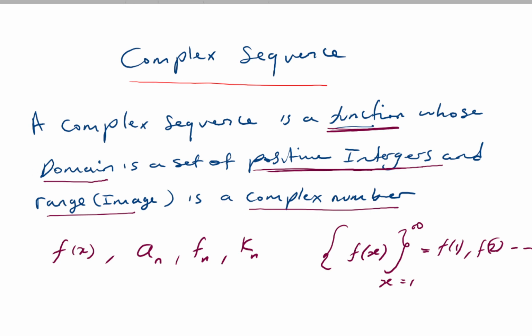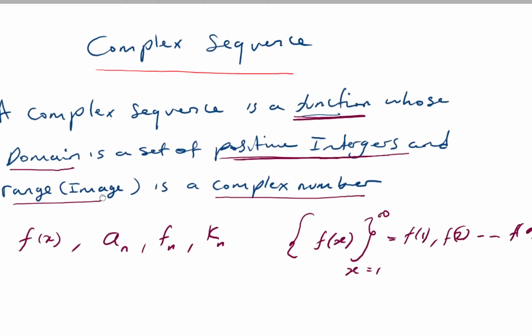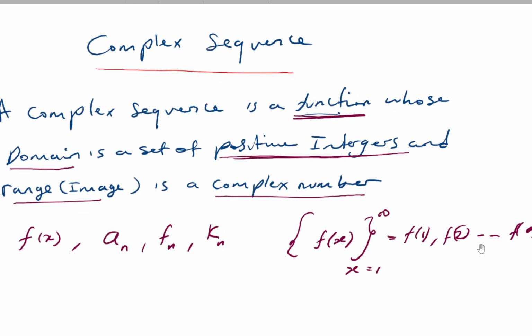Even in an, we are replacing in values from n equals 1 all the way to infinity. When n is 1, we're going to have a1, a2, a3, all the way to a infinity. So basically that is what a sequence is.